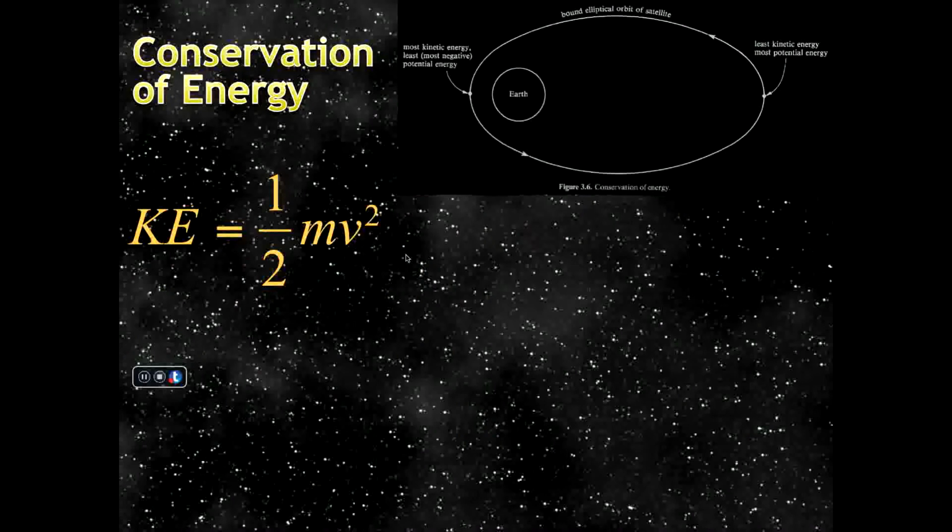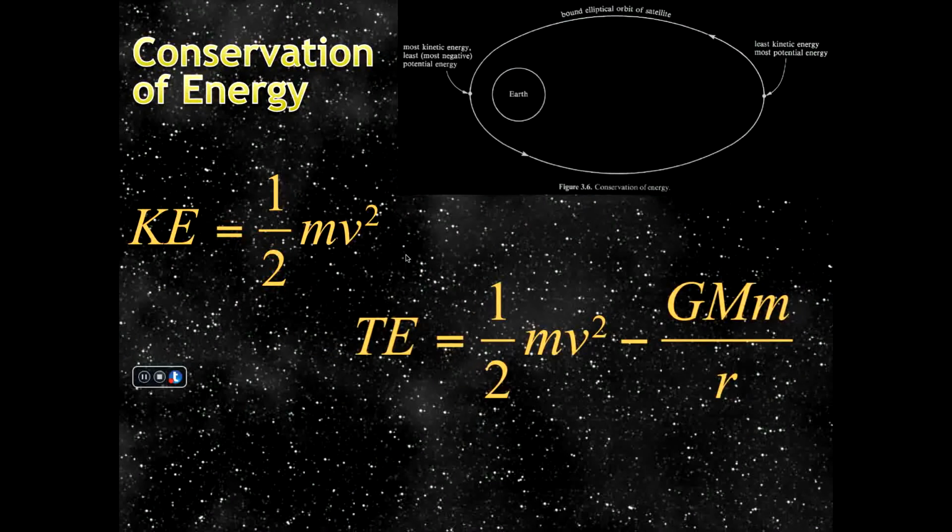Then we have our kinetic energy, which is half mv squared. And so the total energy is half mv squared minus the potential energy. And so you can see that if this number is conserved, if you always have exactly the same amount of energy, then as something moves in towards the Earth, it's being pulled towards the Earth, it gets faster and faster until eventually it can pull away again and it moves out.